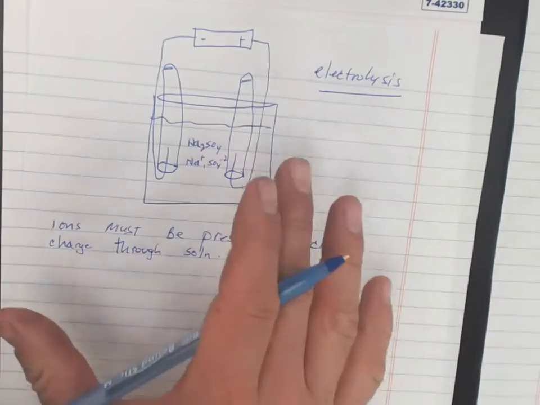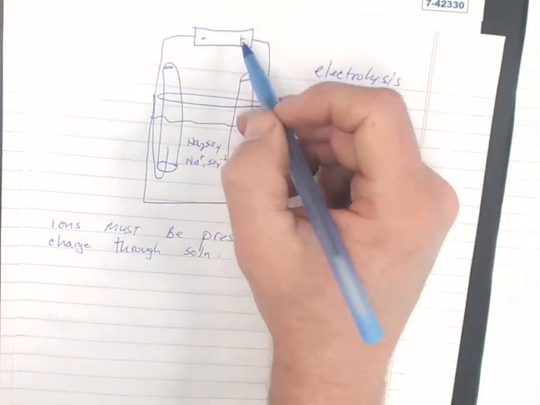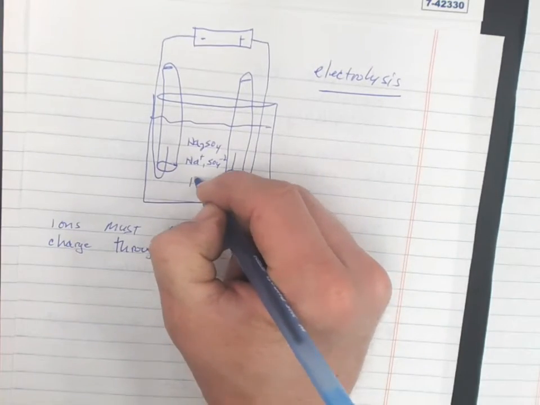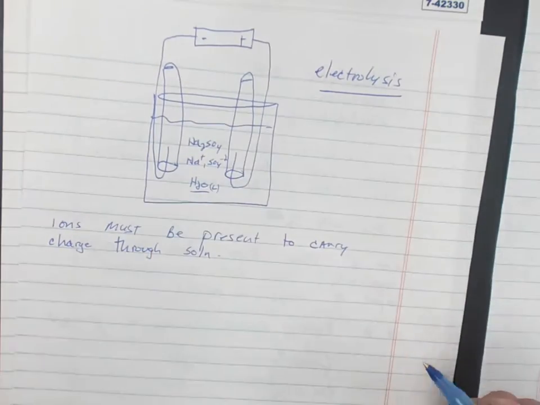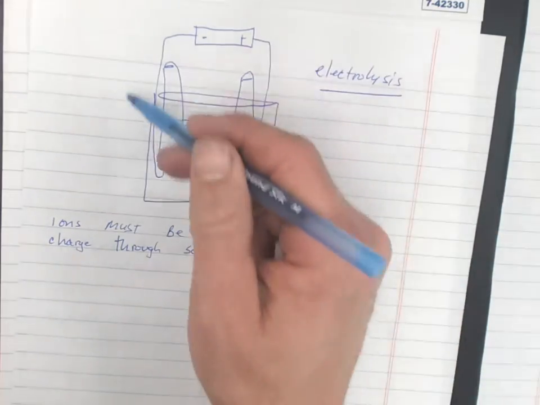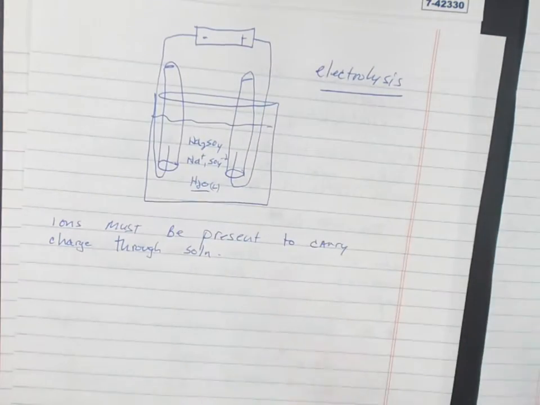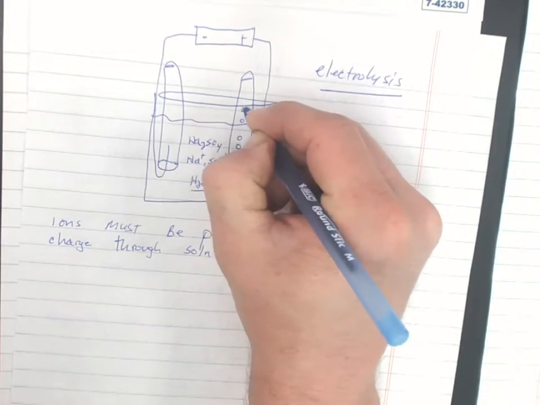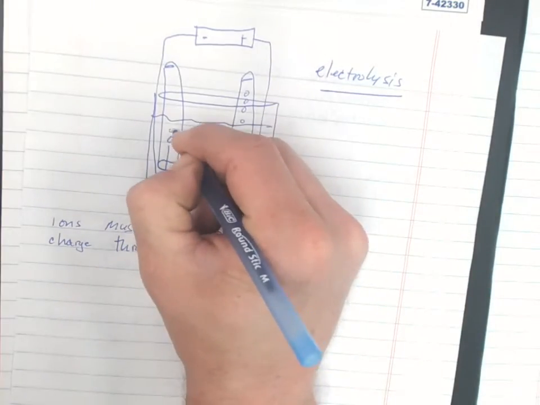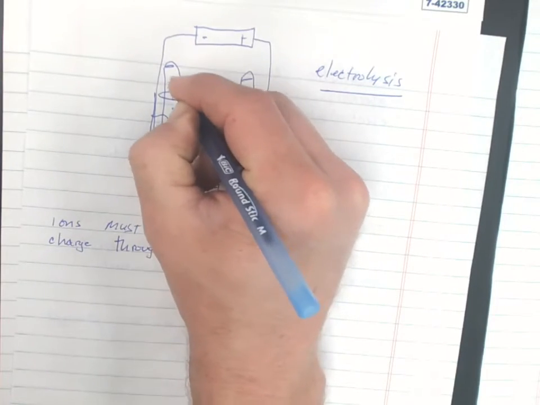Okay, so at this point, we have a battery. We have a solution of liquid H2O and sodium sulfate, and we put two electric probes into test tubes that are filled with water. Now what's going to happen, at each one of the tips of those wires, you're going to start to generate gas.